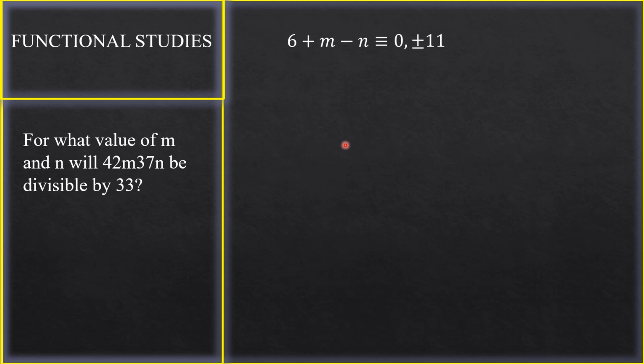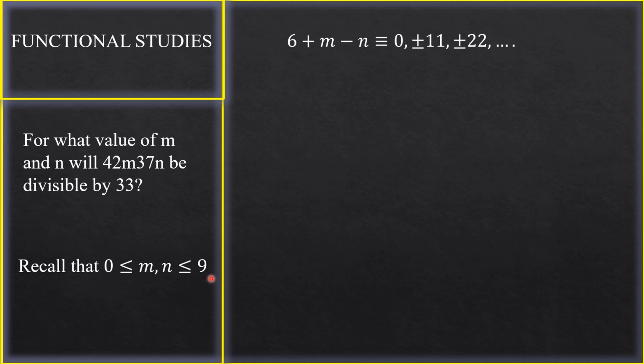So let's look up. That's what I had in the previous slide, and I'll copy down my expression here so that it helps us make the argument. Remember, m and n are values between 0 and 9, which means the difference between the two values can be either positive or negative.